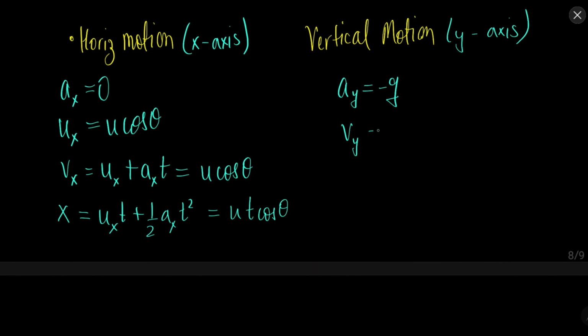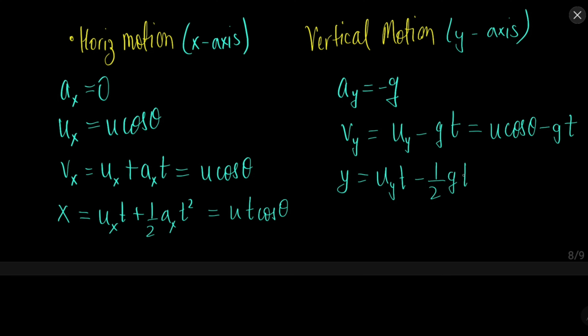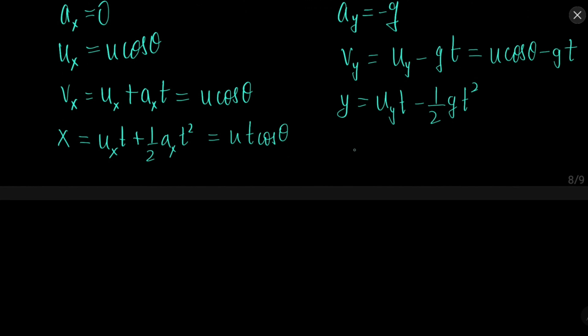So Vy equals uy minus gt, and obviously you can write it as u sin theta minus gt, and y equals uyt minus half gt square. So here you can write y equals ut sin theta minus half gt square.